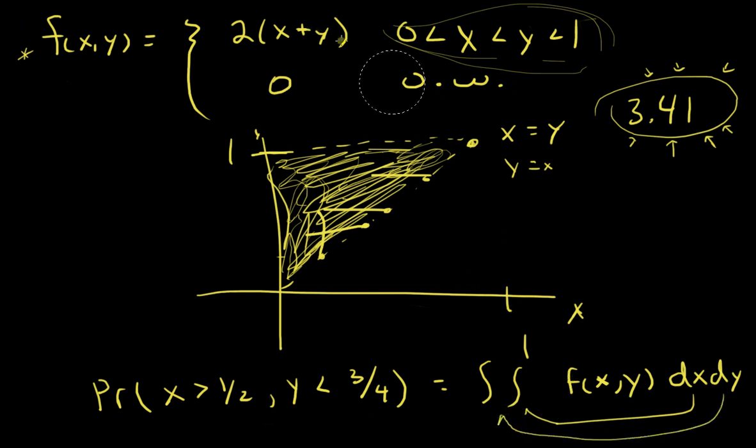Okay, so let me try to figure out where the bounds should be using this graph up here. All right, so x is more than a half. So let's say here's a half. Okay, and so x is more than a half. At the same time, y is less than 3/4. So here's 3/4, and y is less than that.